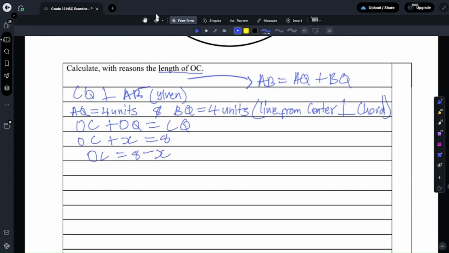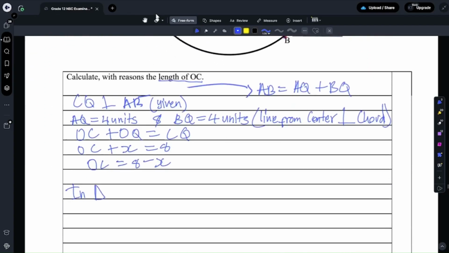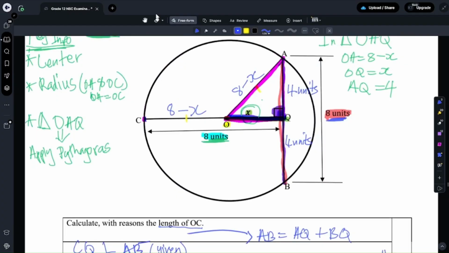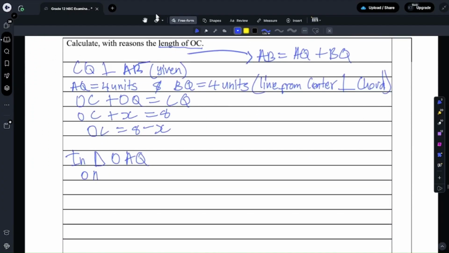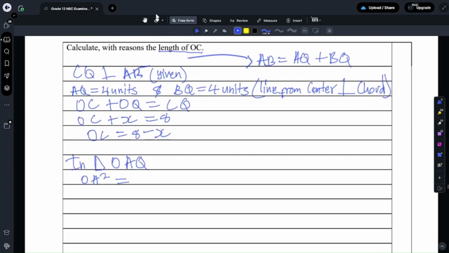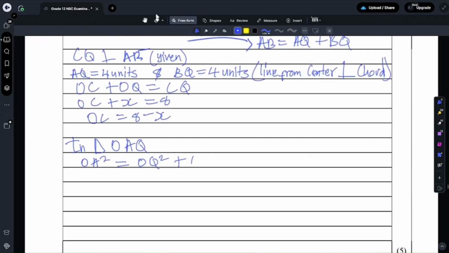So you are going to say in triangle OAQ, you can say OA squared is equal to OQ squared plus AQ squared, using Pythagoras.